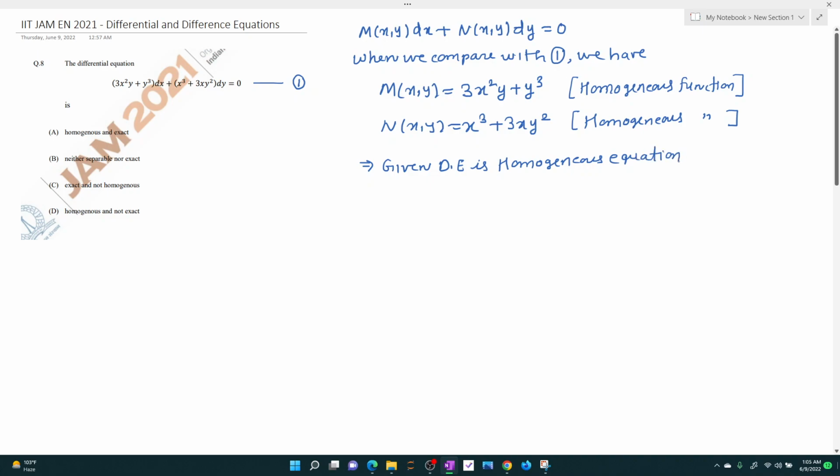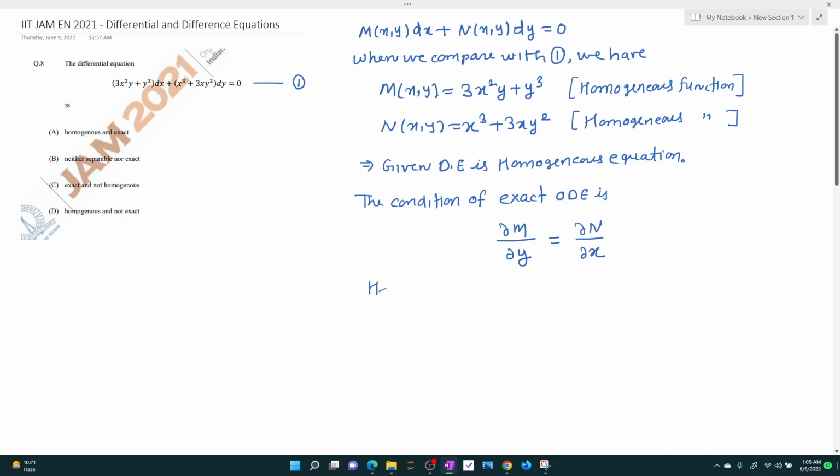Now we need to check whether this given equation is exact. The condition of an exact ODE is that the partial derivative of M with respect to y should be equal to the partial derivative of N with respect to x, right?